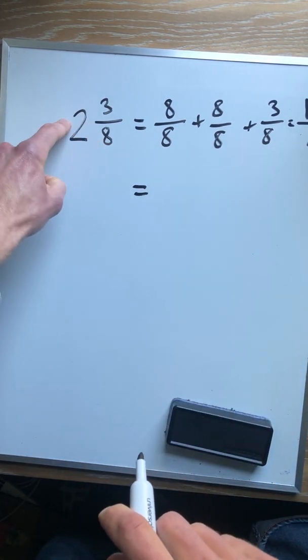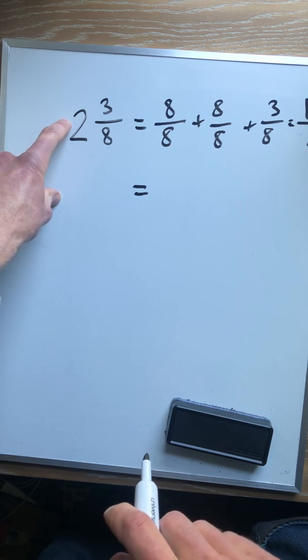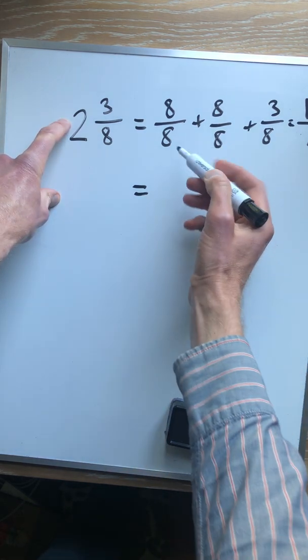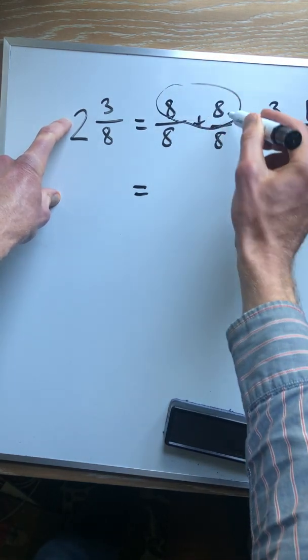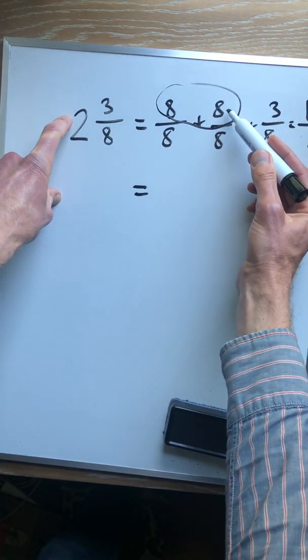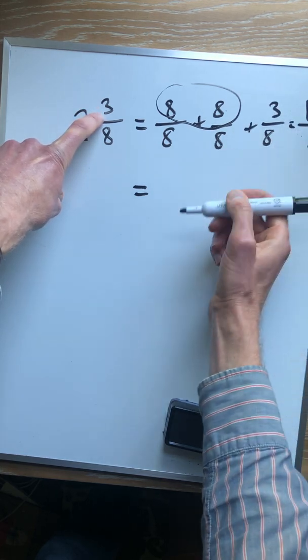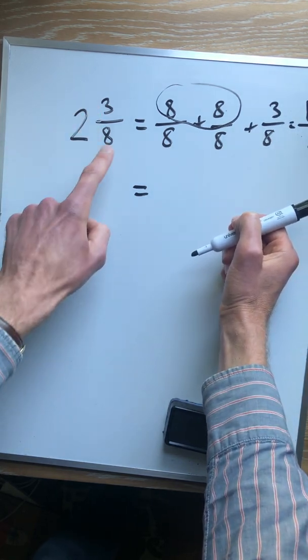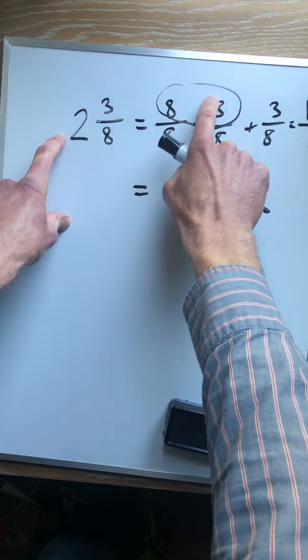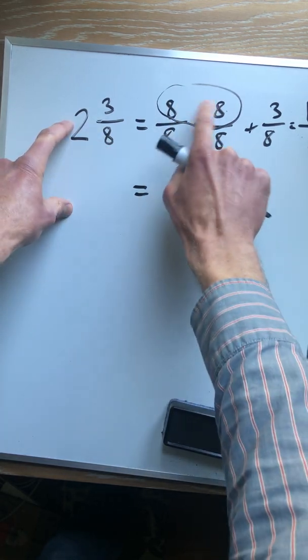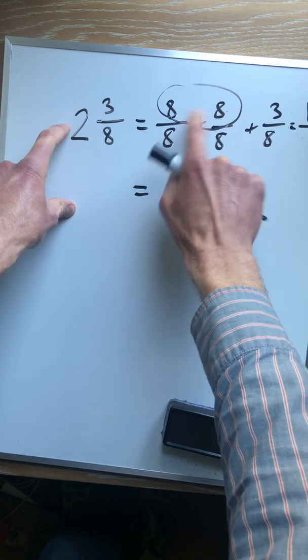8 times 2 is 16. That counts for these two wholes here too. Then plus 3 is 19. The 8 times 2 means I'm multiplying, I've got 2 of them, this one plus this one. 8 times 2 is the same thing as 8 plus 8.